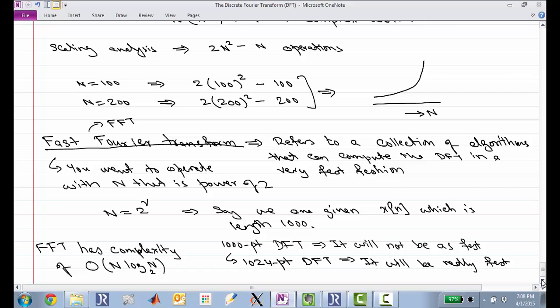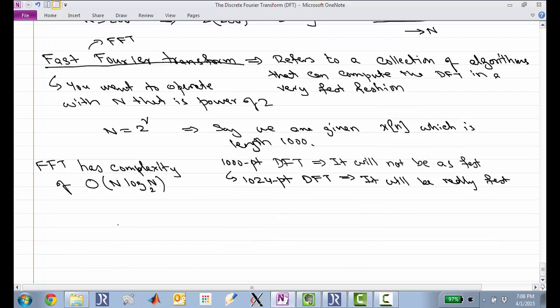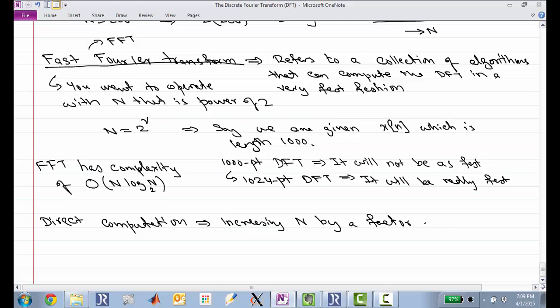So the way to think of this is that direct computation, increasing n by a factor of 10.